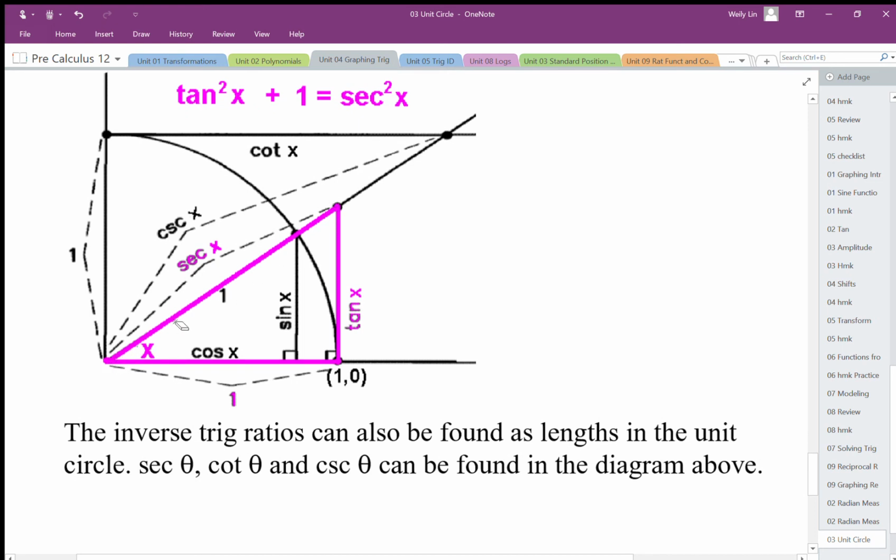There's my secant line. So 1 squared plus tan squared equals secant squared. Cos squared plus sine squared equals a radius 1 squared. There's also this ratio here. This is called the cotan line. This line here, the length of that line is a cotan ratio. And this squared plus this squared equals this line squared, which happens to be the cosecant squared. So there's another identity there.